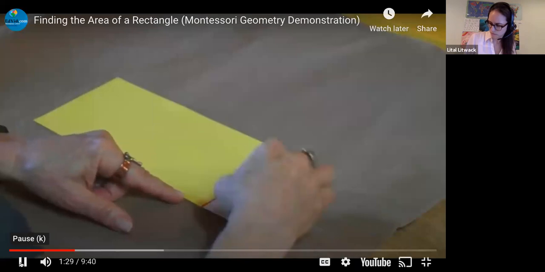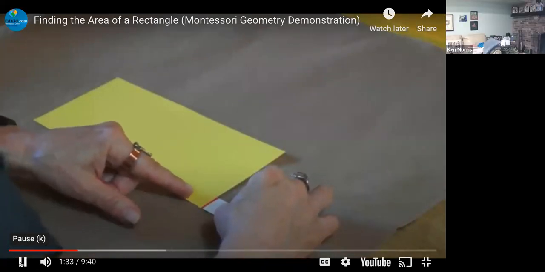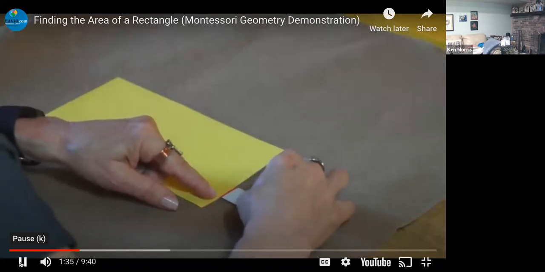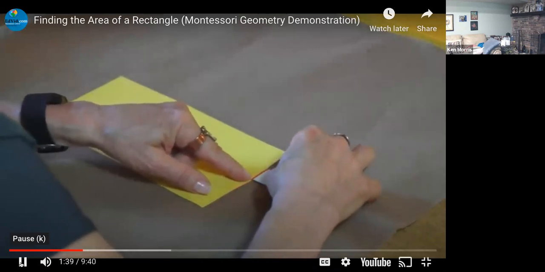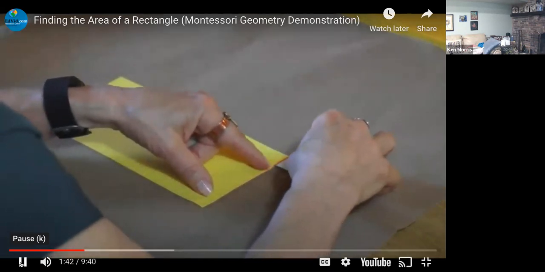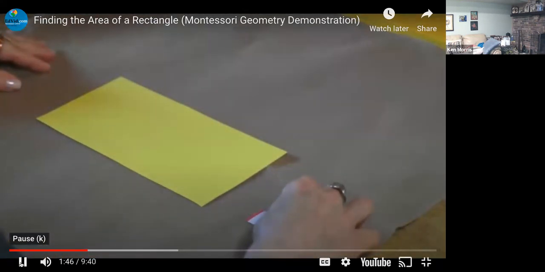And then what about this length? Let's see. How wide is it? 1 unit, 2 units, 3 units, 4 units, 5 units. 5 units wide. That helps, but maybe not so much.